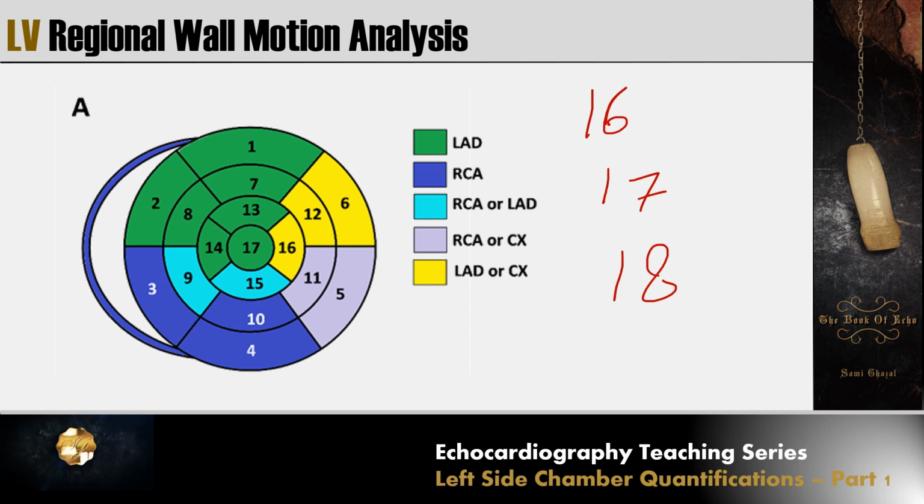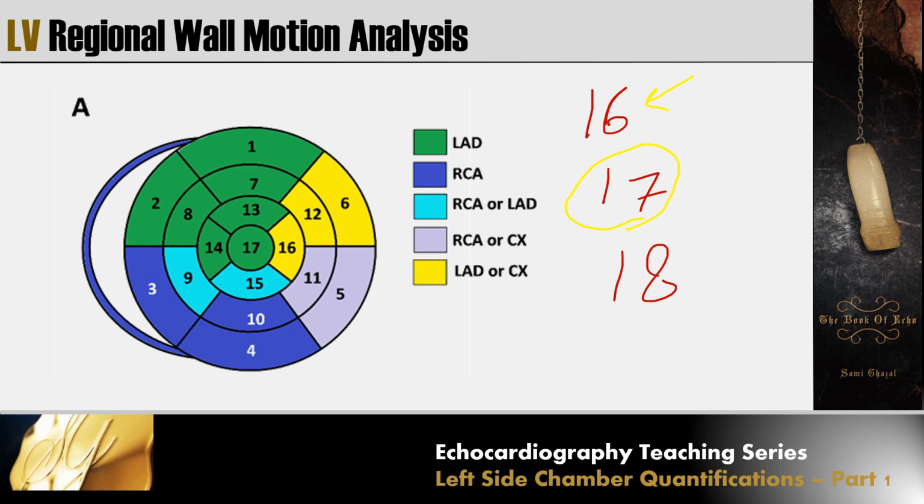The standard is the 17 segment model. 16 will underrepresent the apex. 18 will over-represent the apex. So most of the changes will be here. So 17 is the standard.